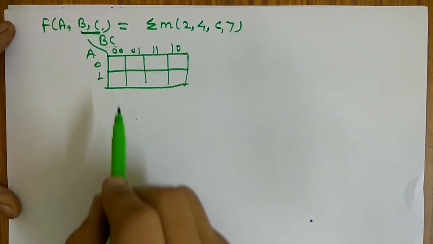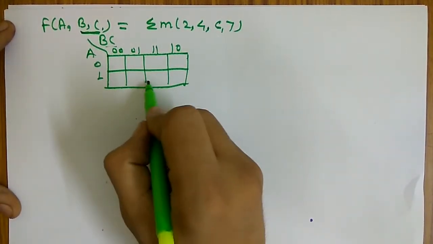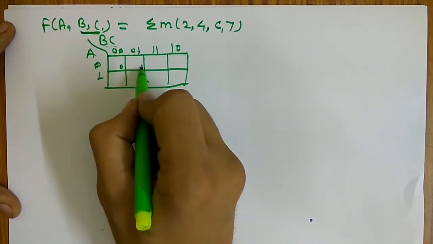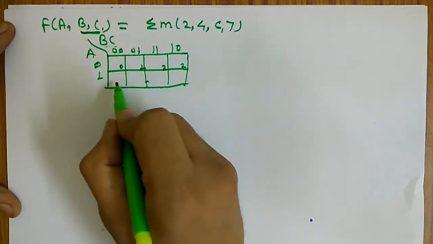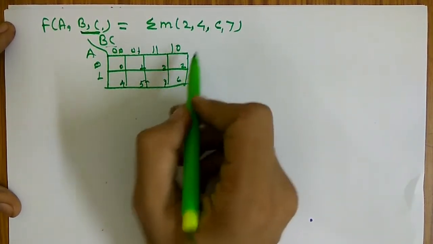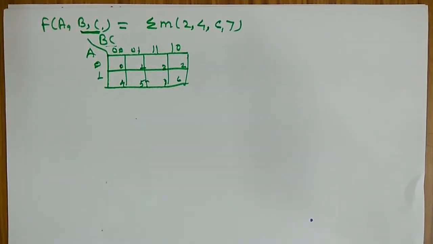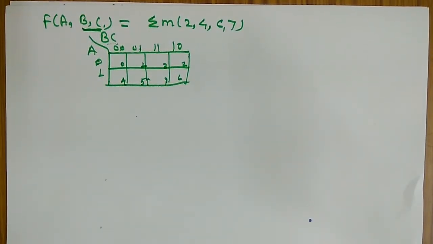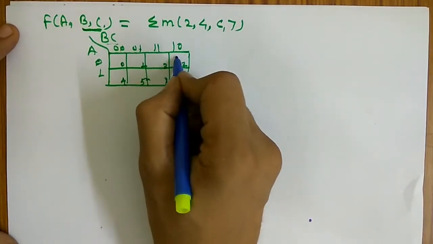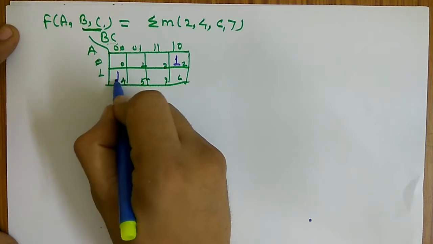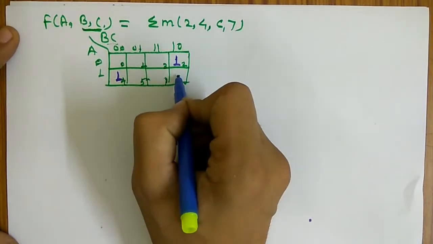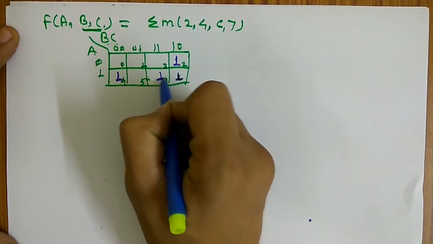BC as the select line is very easy to make: 0 0, 0 1, 1 1, 1 0, with minterms 0 1 3 2 4 5 7 6. So you have to just put the minterms in this schema. For 2 this will be 1, for 4 this will be 1, for 6 this will be 1, for 7 this will be 1.